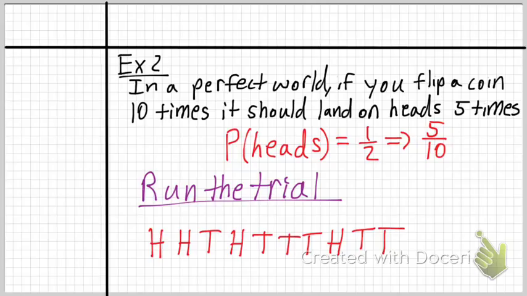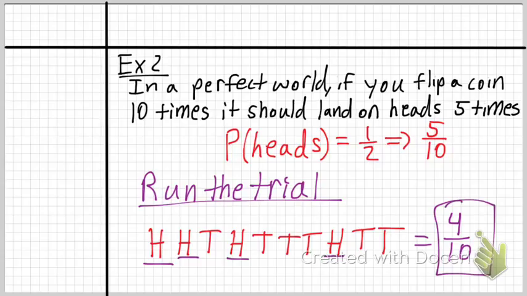So here, if I'm looking for the probability that I had a head out of this trial, it's actually a little bit different. It's actually 4 out of 10. So it's slightly below our theoretical probability. So theoretical probability is kind of a target that we use, but it's not necessarily always going to be accurate. So that's the difference between theoretical and experimental probability.